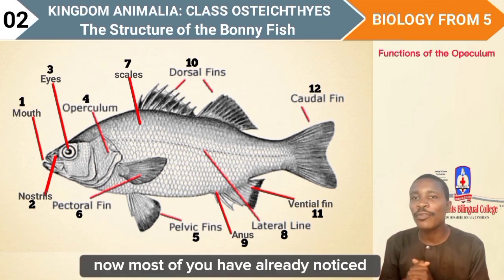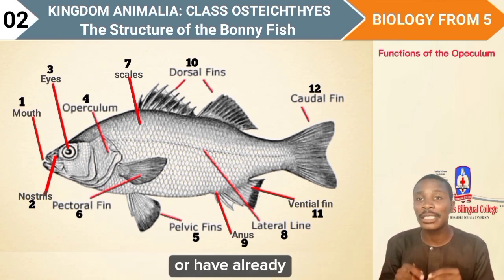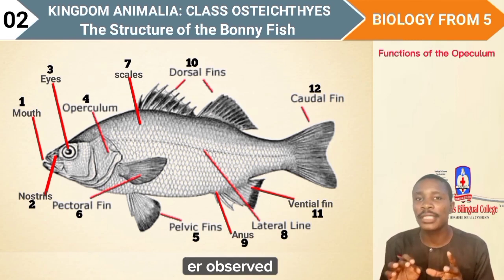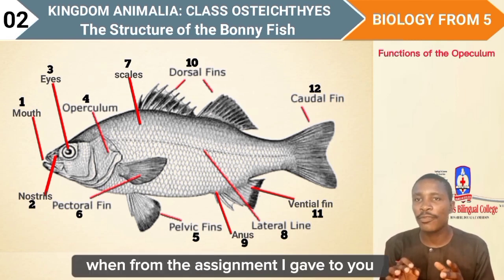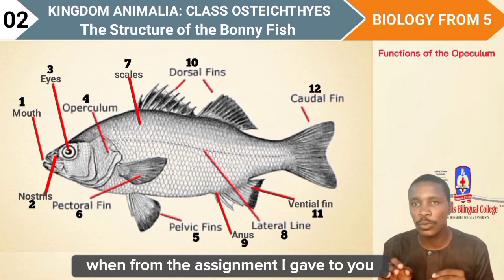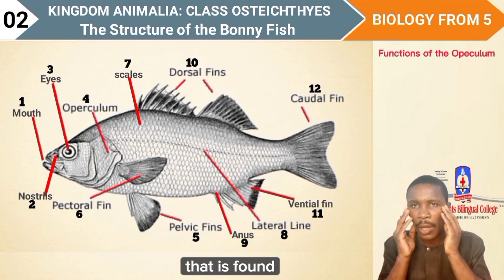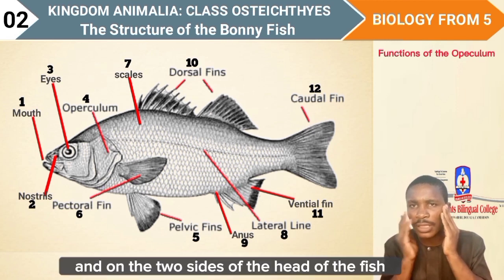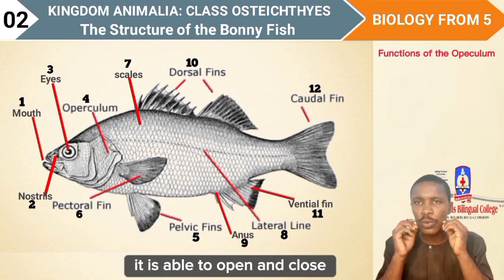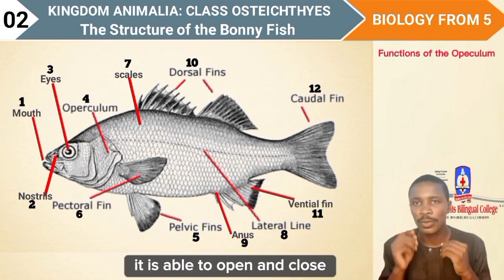Now, most of you have already noticed or observed the operculum from the assignment I gave to you. It is a bony structure that is found on the two sides of the head of the fish. It is able to open and close.